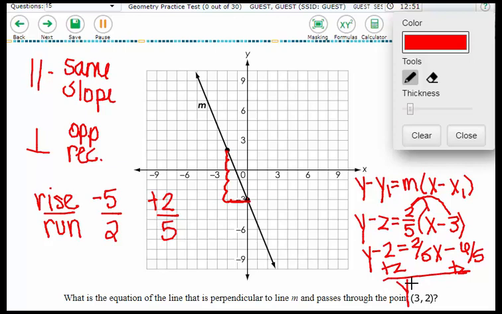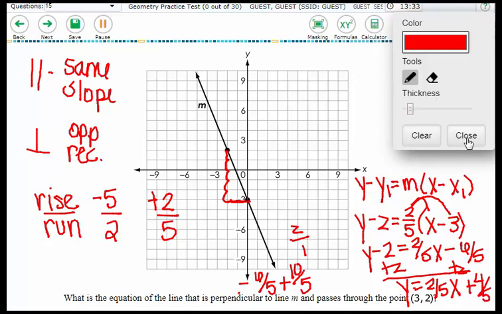Our final equation should be y is equal to 2/5 x, and then if we want to add 2, you have a -6/5 plus, if we have 2, that would be like 2 over 1. But if we need our denominator to be 5, that would be like 10 over 5, just multiplying the top and the bottom by 5. And then you can simplify. -6 plus 10 would actually give you a plus 4/5. And this could be our final answer.